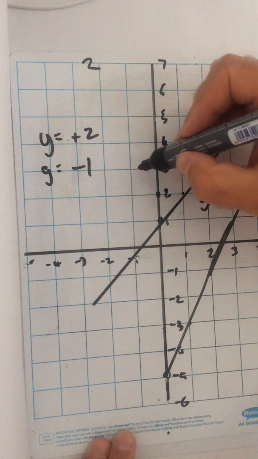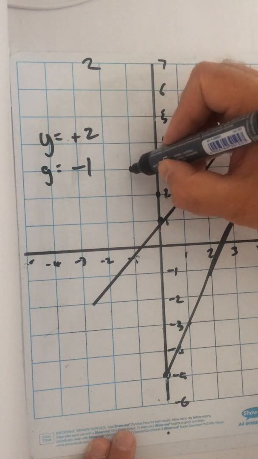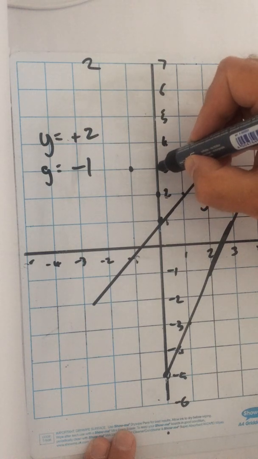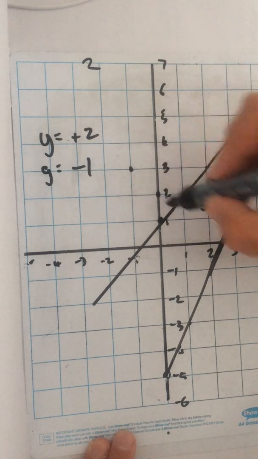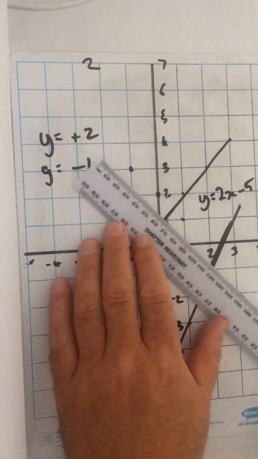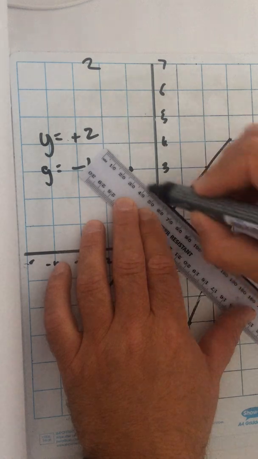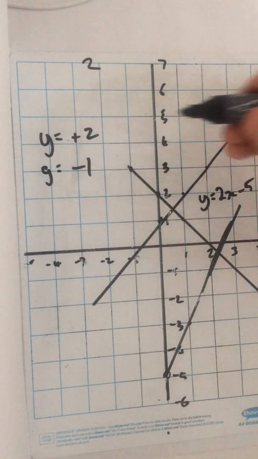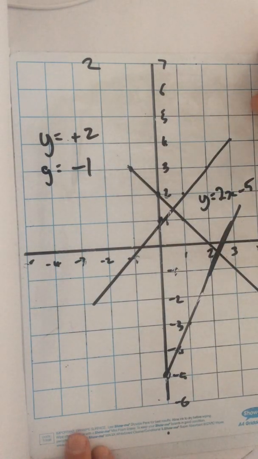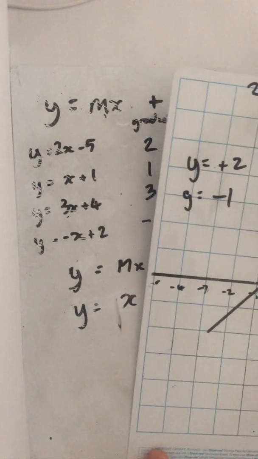So we're going to go here, because it's 1 across on the x-axis for every 1 down on the y-axis, and so on. So that would be this line here. So this line here is x equals.